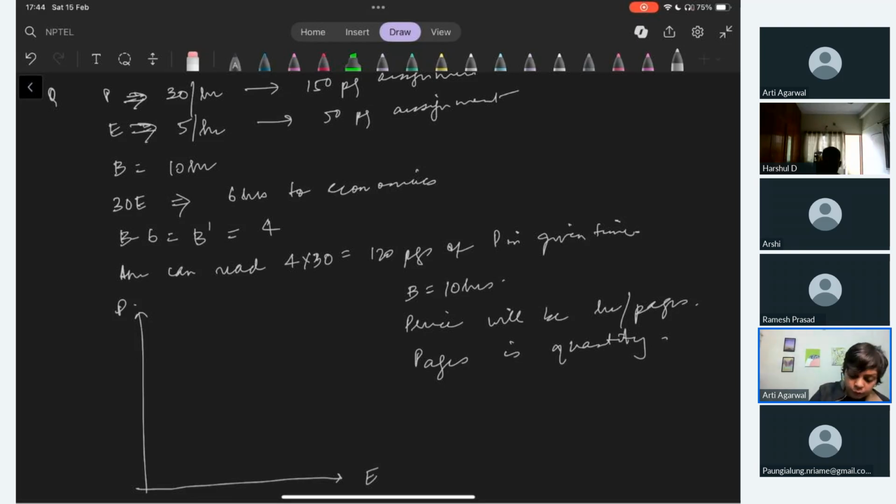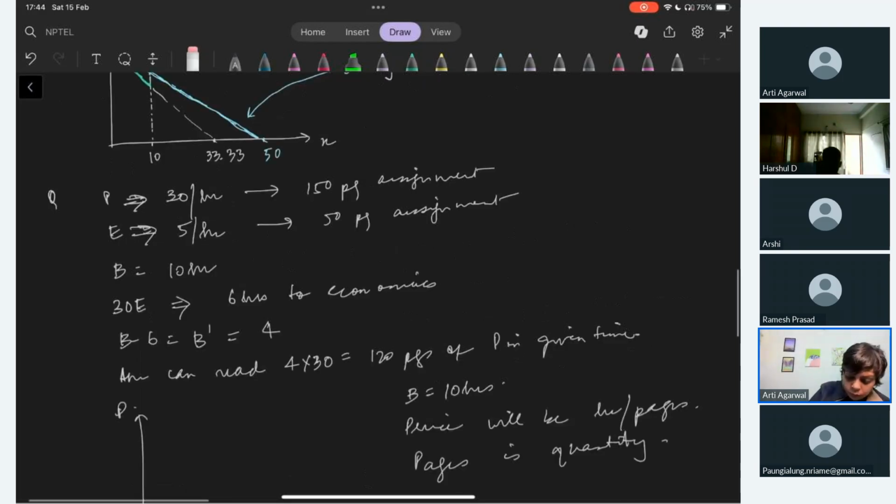Let me write this a little more correctly. 30 pages per hour, right? Similarly, this is 5 pages per hour, right?